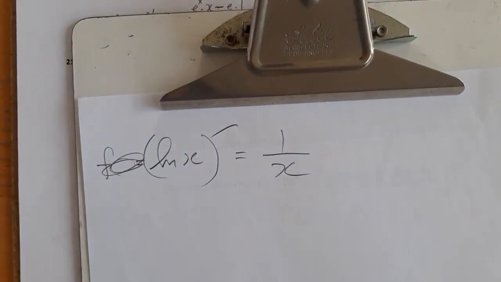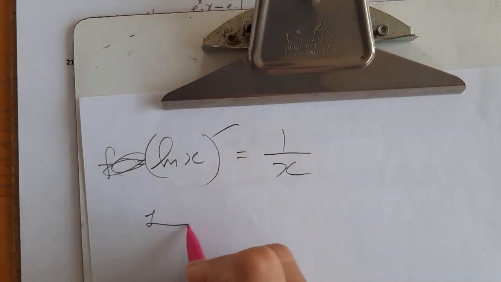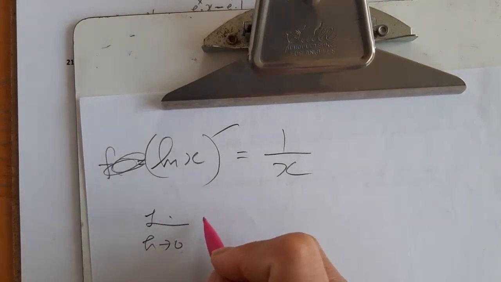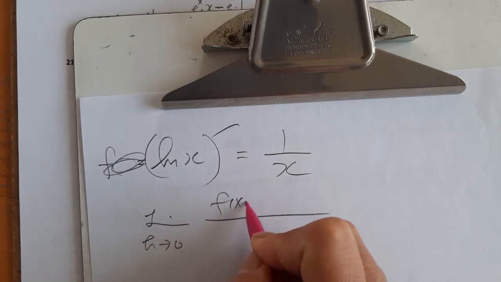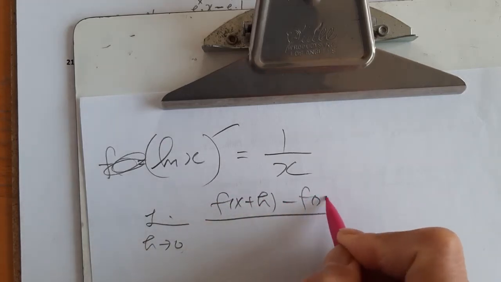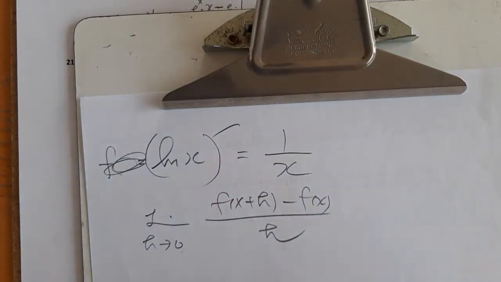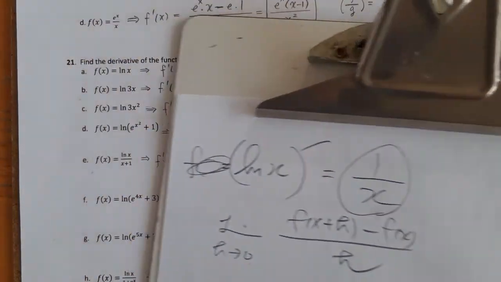We can use the definition of first derivative we learned in chapter 2, which is limit h approaches 0, f of x plus h minus f of x over h. And you will get 1 over x.